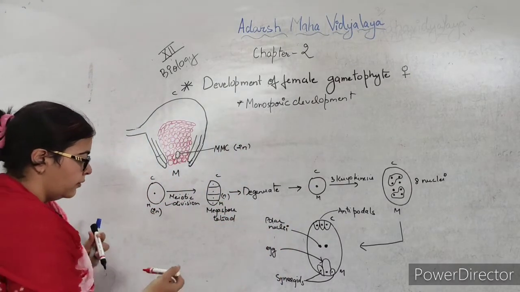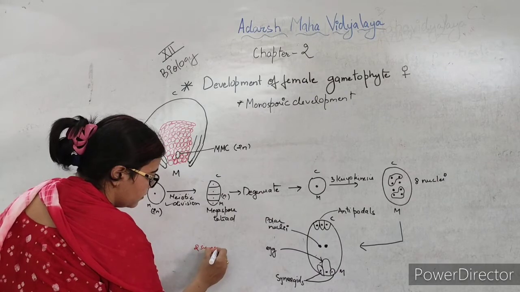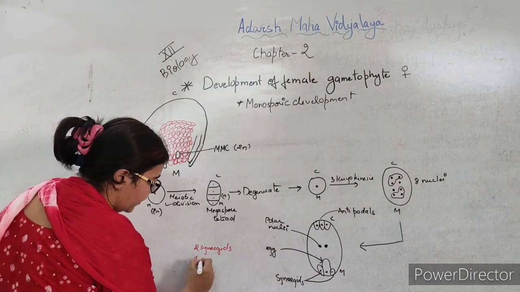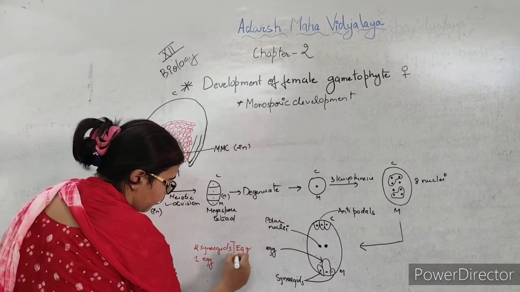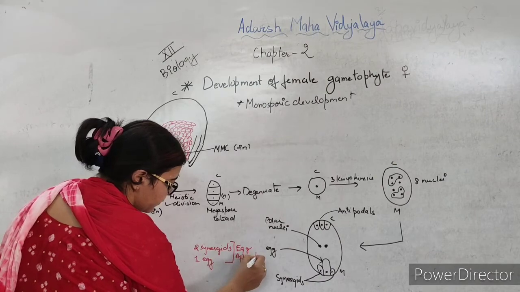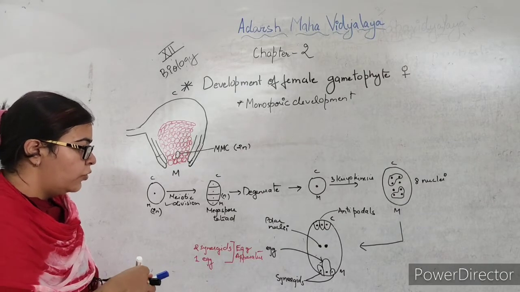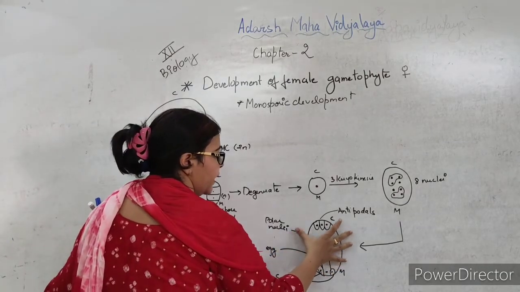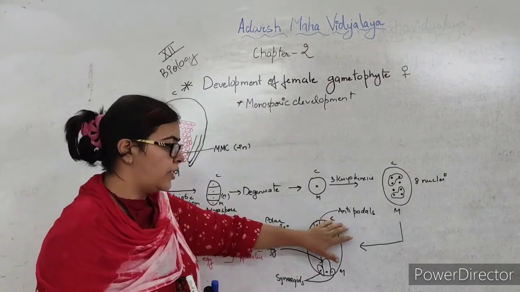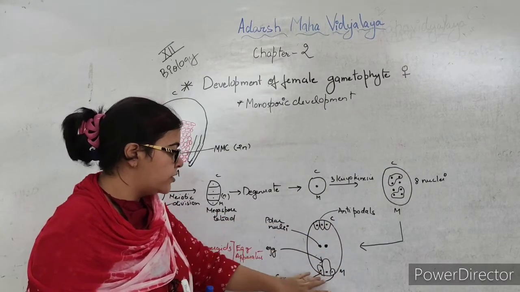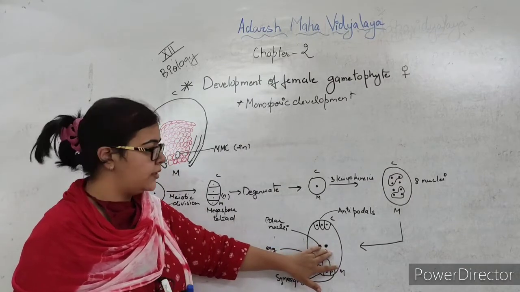Now the 3 cells here, 2 synergids and one egg, together are called the egg apparatus. So this is the structure of the female gametophyte. It consists of 3 antipodals on the chalazal end, 2 synergids and 1 egg on the micropylar end, and 2 polar nuclei in the middle of the cell.